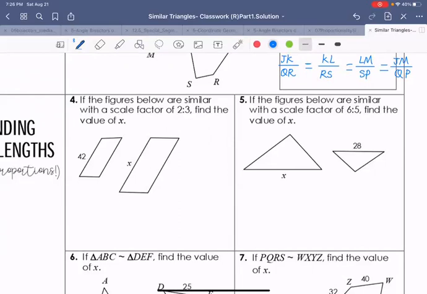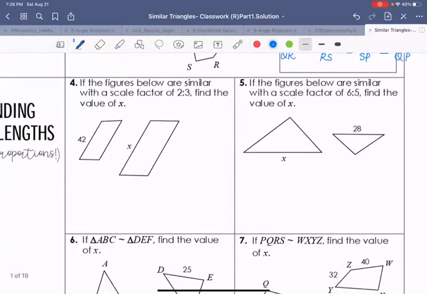42 divided by 2 is equal to, wait. We can list 2 over 3 on the right, okay? 2 over 3 is equal to 42 over x. There you go. And then, how do we do?